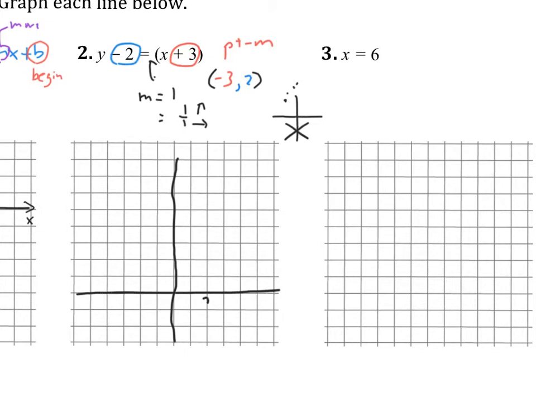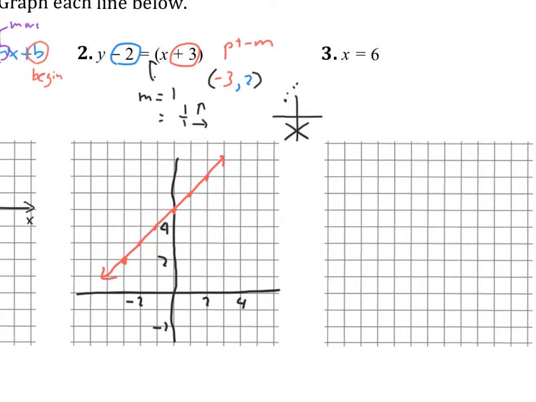Throw a few numbers down to make it good. 2, 4, negative 2, negative 2. All right, so where do I begin? At negative 3, positive 2, somewhere there. And now I go up 1, right 1, up 1, right 1. And now connect the dots.